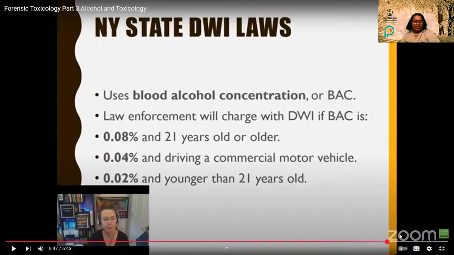All right, so that's less than 10% for someone 21 years and older. About half that if you're on the job and trying to drink and drive. And even half of that for folks your age, anybody under 21 years old.